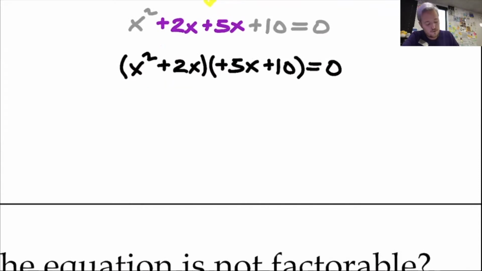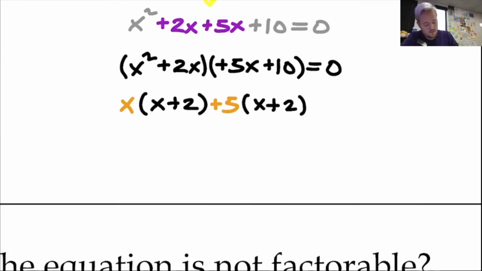Between x squared and 2x, I can take out an x. When I take out that x value, we have x plus 2. And in the second group over here, we have positive 5x plus 10. I'm going to take out that positive 5, and then I'll have x plus 2.